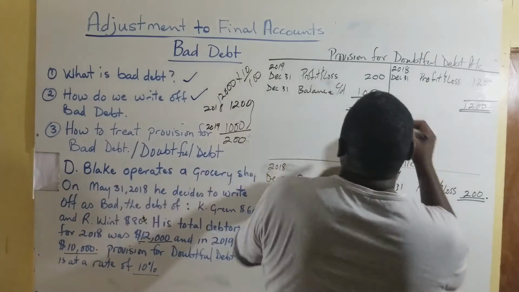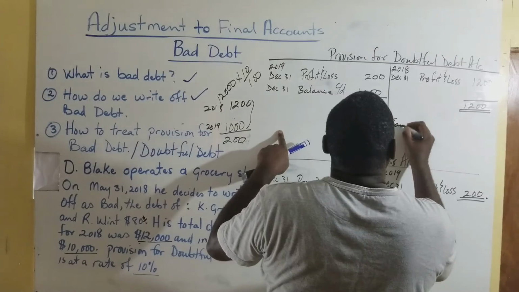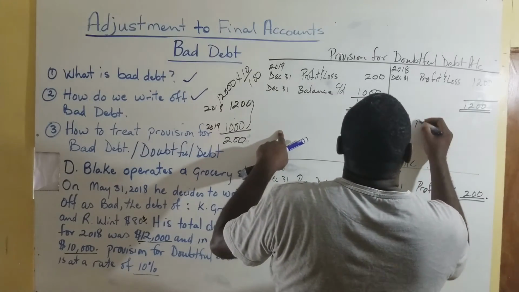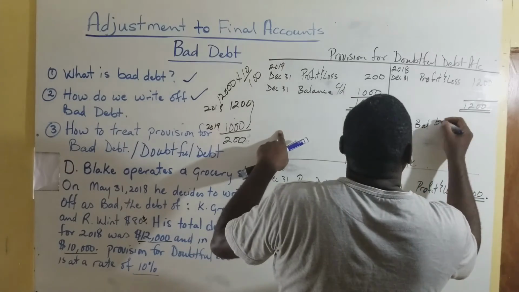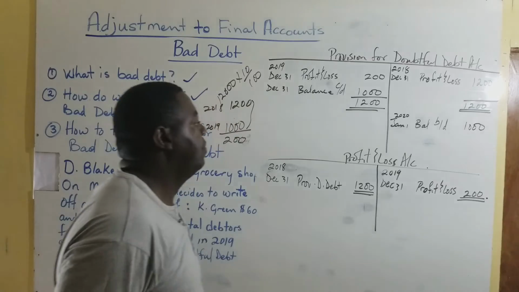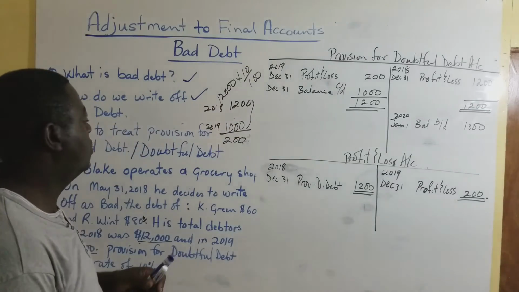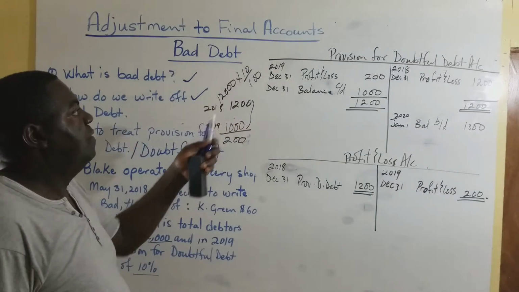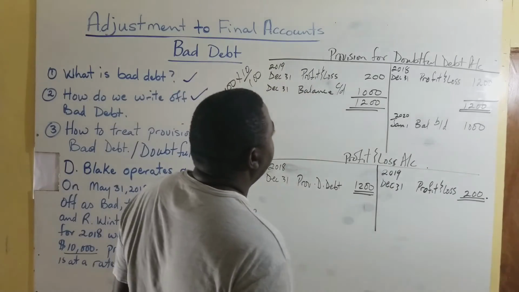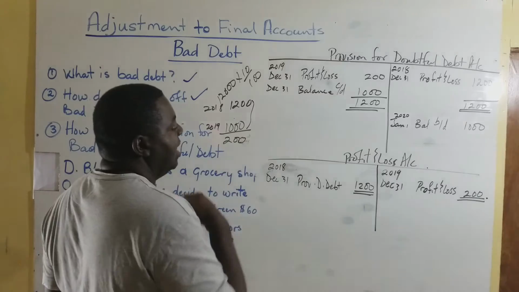So carry it over to January 2020, and that will be balance BD of 1,000. There you go. In relation to provision for doubtful debt, that is how we will treat it in the double entry.